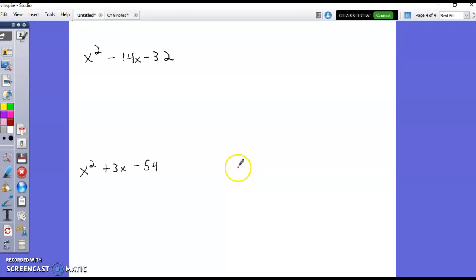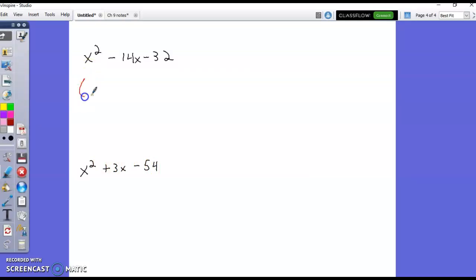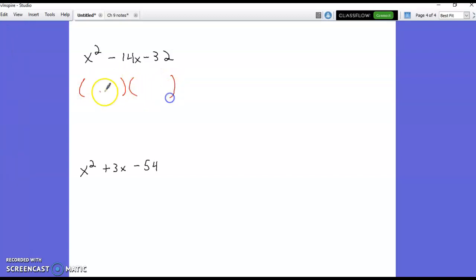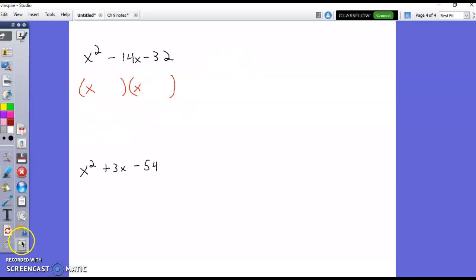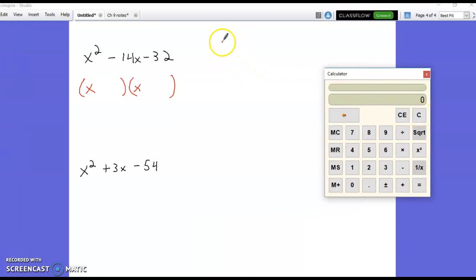All right, here's another couple examples. If you notice all these examples, I've switched around the signs so they're all in different orders, so you're going to have to think a little bit. All right, do your first step because a equals 1, right? This is just an x squared. So you can do x and x. So I'll go ahead and do this one on our calculator to show you how you should be doing this until you get more comfortable.